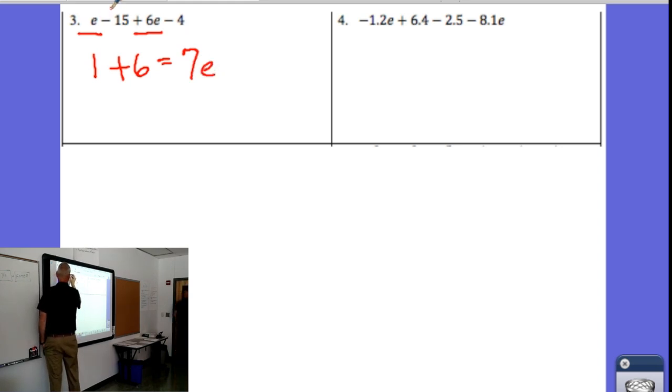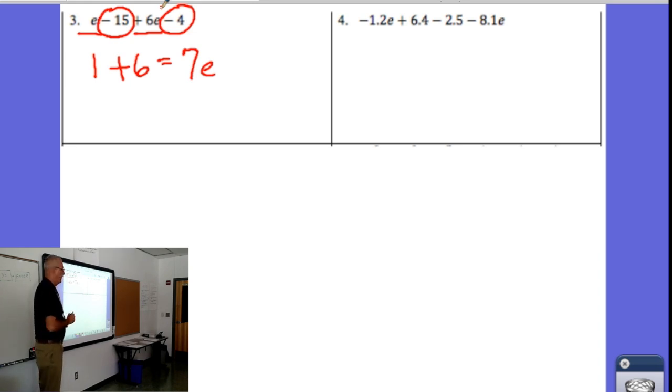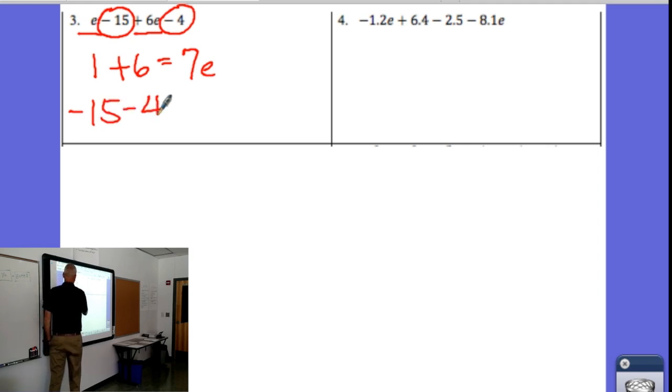And now I have negative 15 minus 4. That is negative 15 minus 4 equals negative what? 19. Putting everything together, I have 7e minus 19.